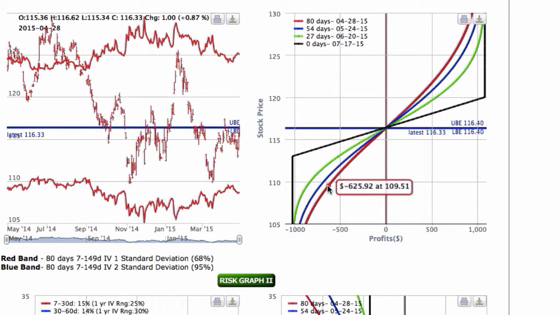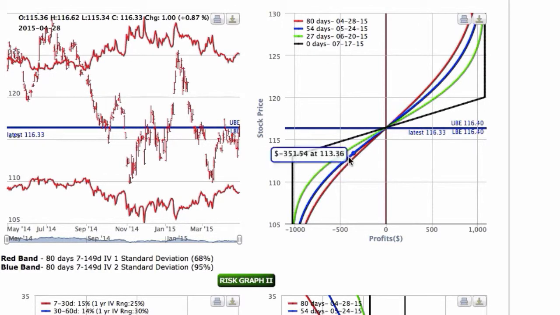So let's look at the first scenario. Let's assume we're going to give ourselves enough time for this stock to move. So we're going to use the blue line, which means we're going to give ourselves up to the 24th of May for this stock to do its thing, which means we will have at that point 54 days left to options expiry. Okay, so roughly a month has gone by.